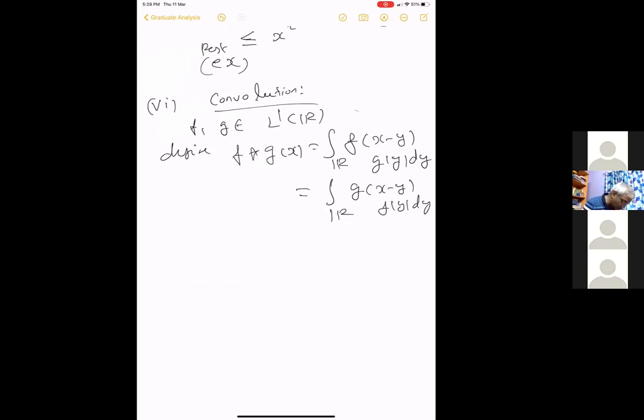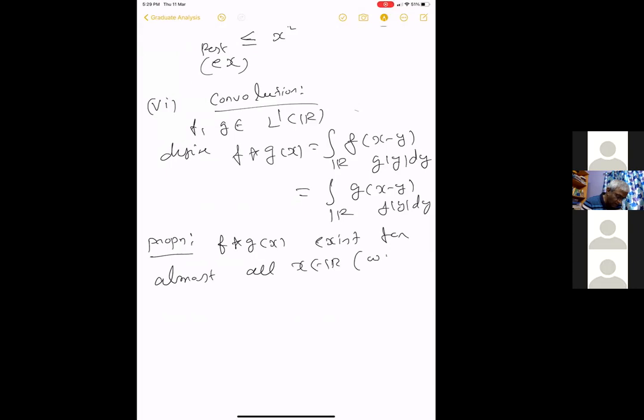The first thing, maybe I will write this as a proposition. f star g (x) exists for almost all x in R with respect to Lebesgue measure. When we say almost, it is with respect to Lebesgue measure.